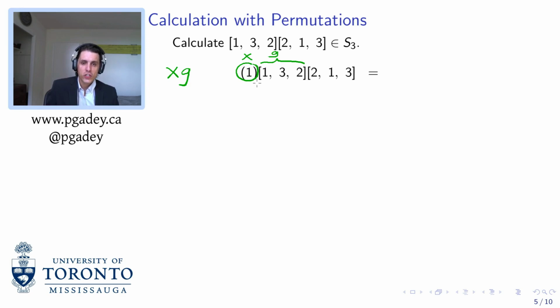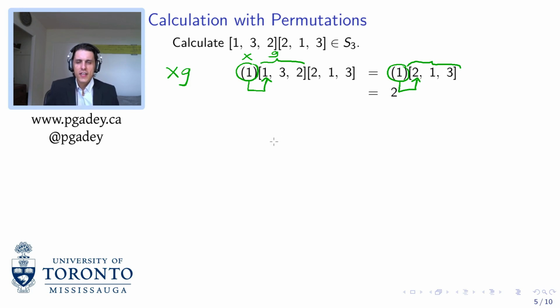To figure out what g does to 1, we look in the first place of our permutation, and we see that this outputs 1. Okay, so we have outputted 1. Now, to see what the second permutation does, we look again in the first place of our permutation, and we see that we output 2. Okay, so to summarize, when we plug in 1, we output 1. When we plug in 1, we output 2.